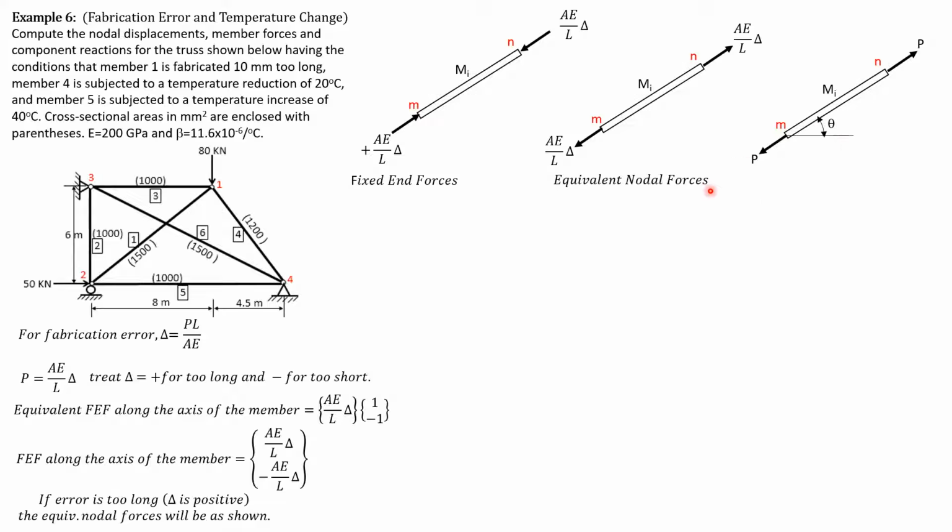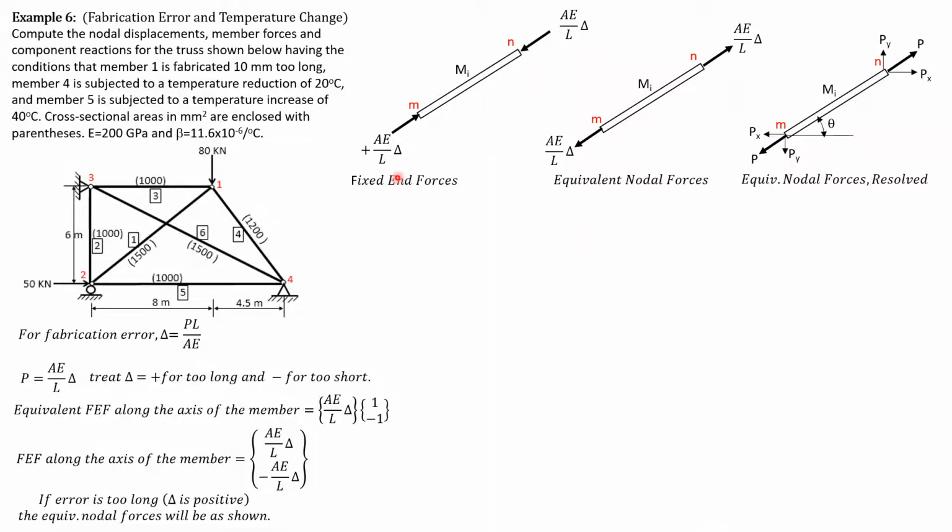So this is equivalent nodal forces, so that the components will be parallel to the global system. So we resolve the force P into x and y components. So Py is equal to P sine of this angle theta, and Px is P cosine theta. So this is now the equivalent nodal forces. So we have to resolve this P into components.